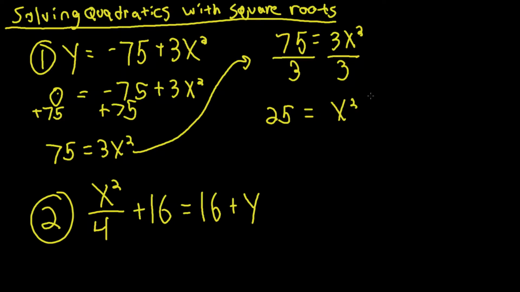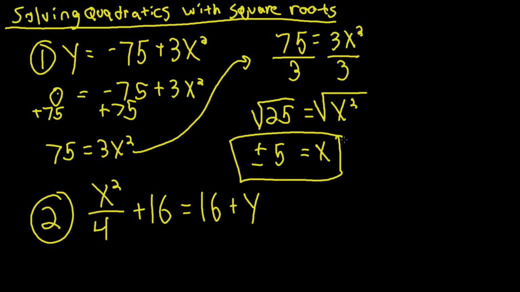The reason we want to isolate everything from x squared is because now we're going to take the square root. So take the square root of x squared, take the square root of 25. We get that our answer is plus or minus 5 equals x.